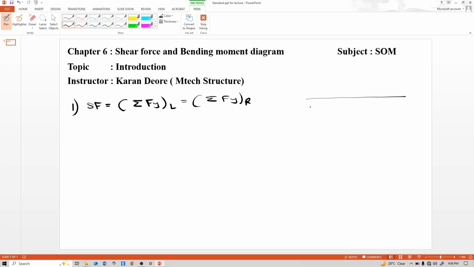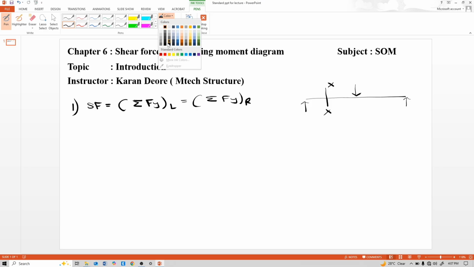Consider this as a simply supported beam carrying point load. So let's take section here XX. So shear force for that section XX is, either we have a choice to take summation of vertical forces either left or right.